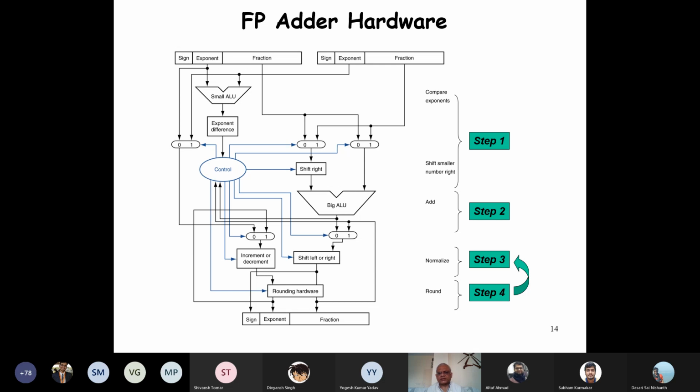And nowadays, long back when we were teaching the computer architecture course, we actually showed this at the component level, what the gates are and so on. But nowadays we don't do that. The main reason for that is hardware description languages.